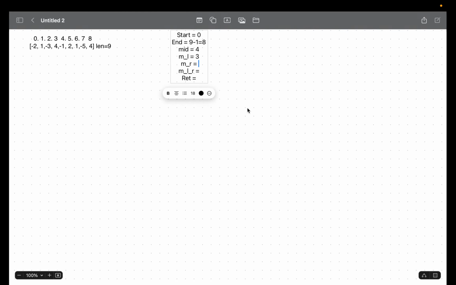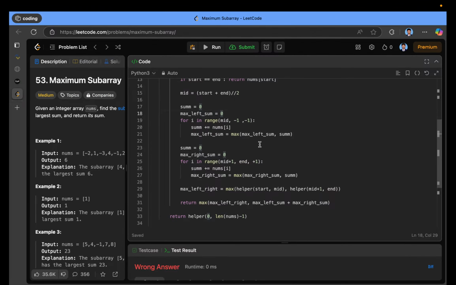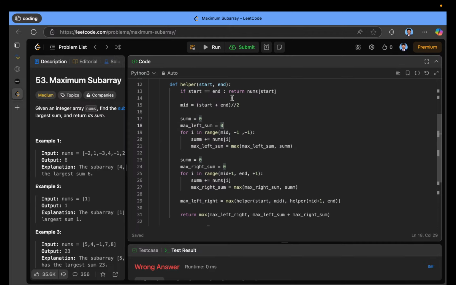A recursive tree will help me find the problem. Well, how should I do this? Yeah, right, dry run this code. Start, return max num start mid. Oh, bro. Let me drink a little water.